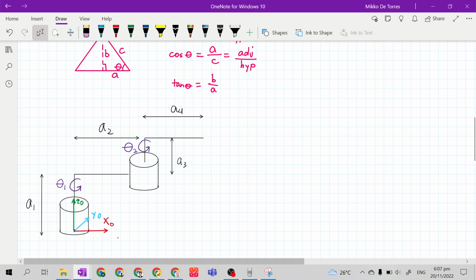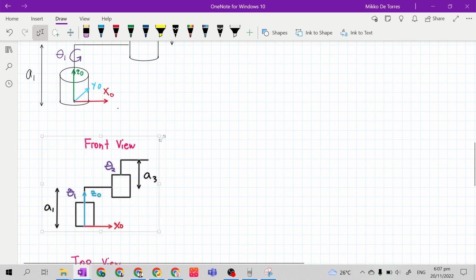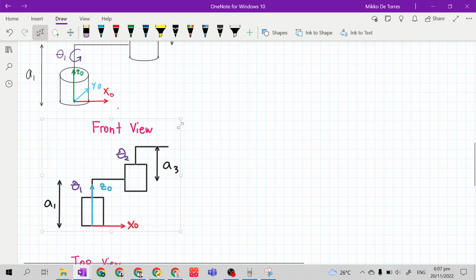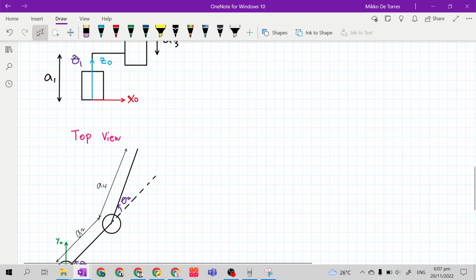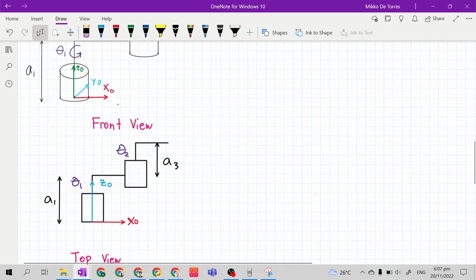So you may redraw this manipulator in front view, like this. You may draw this in front view first, or you may draw this in top view first. At front view, you will do an analysis of how to find the solution for your inverse kinematics.